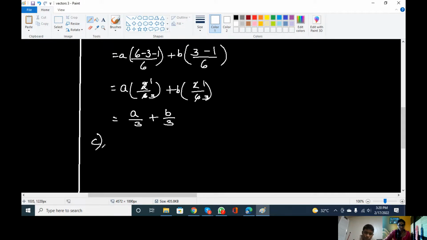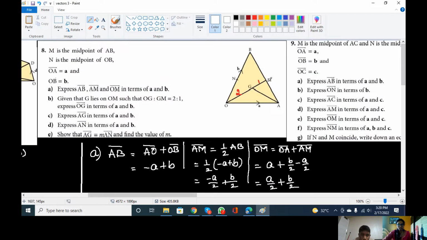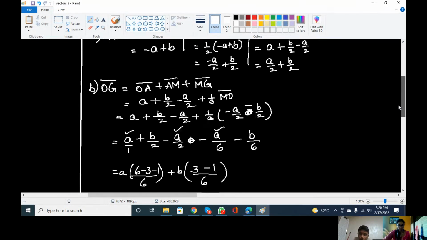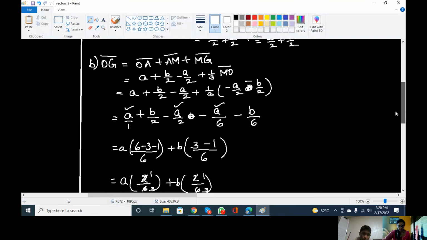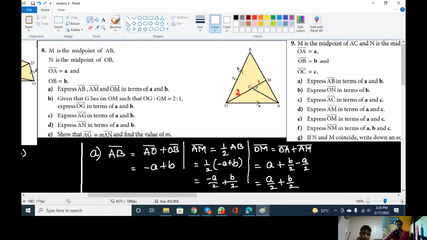What's the value for MG again? OG, O to the G. 1 second. Okay, we don't know MG. So we can do AG means A to the O plus OG, right?